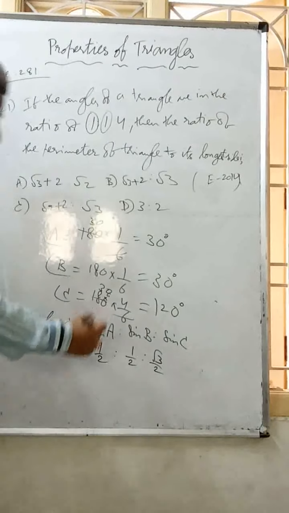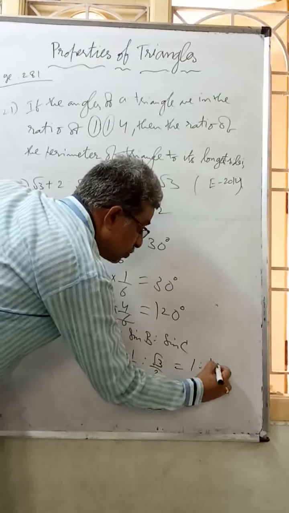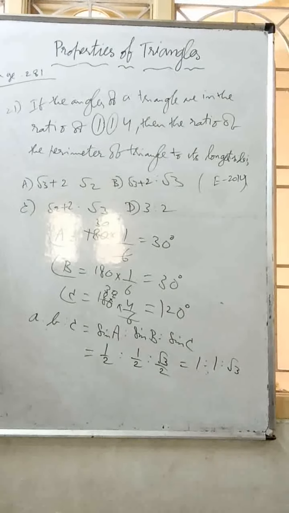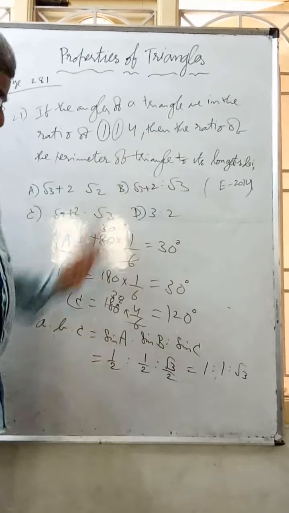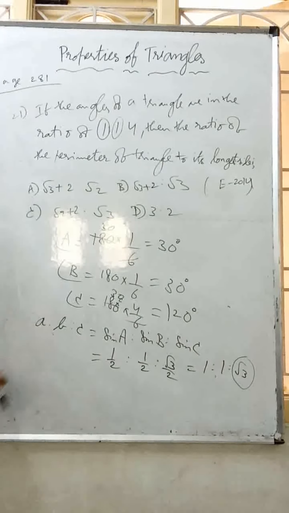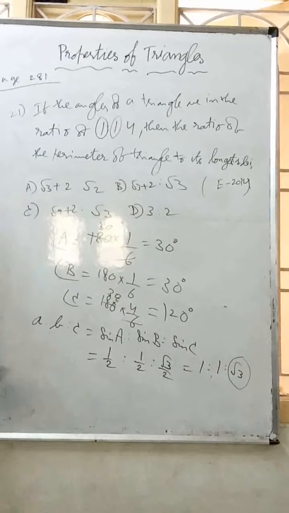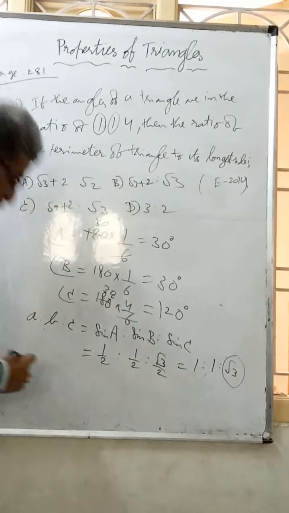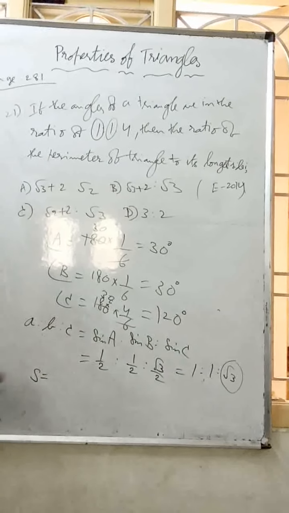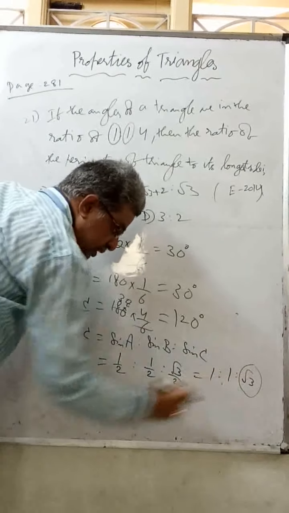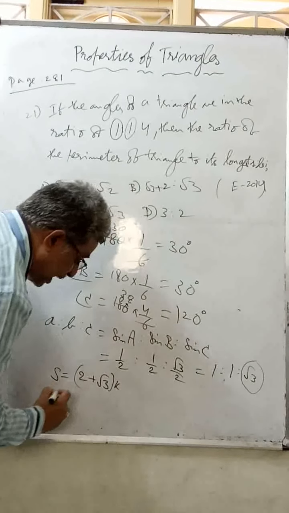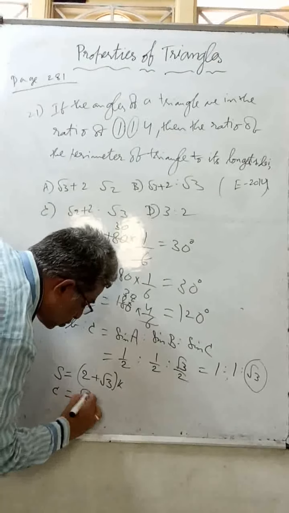So the sides ratio is 1 is to 1 is to root 3. Now I need the ratio of the perimeter to the longest side. Here the longest side is root 3x, or let us take 1k, 1k, root 3k. So perimeter S is equal to A plus B plus C, becomes 1 plus 1, 2 plus root 3, that is (2 plus root 3)k, and the longest side small c equal to root 3k.